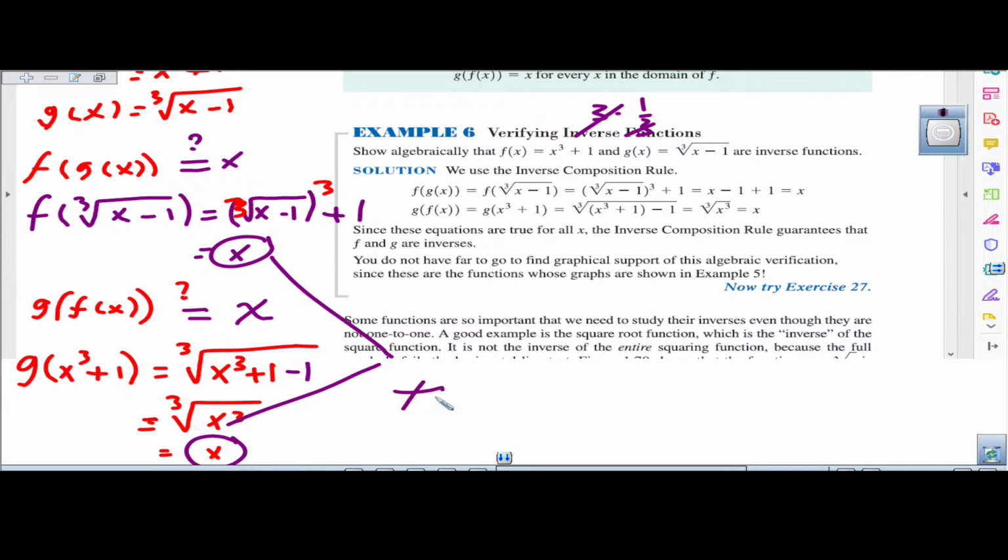Therefore, f and g of x are inverses of each other, or of one another.